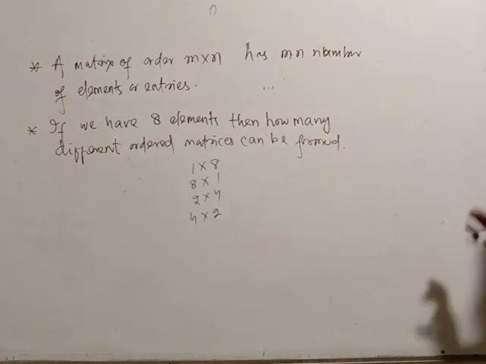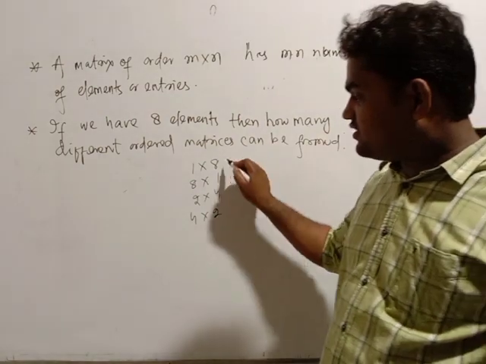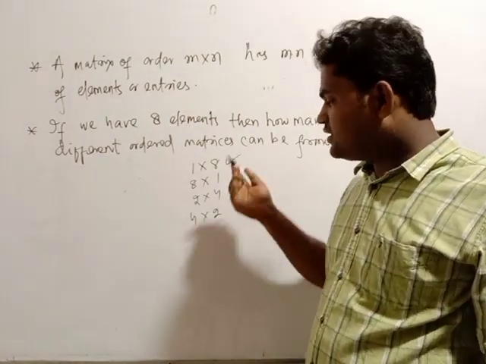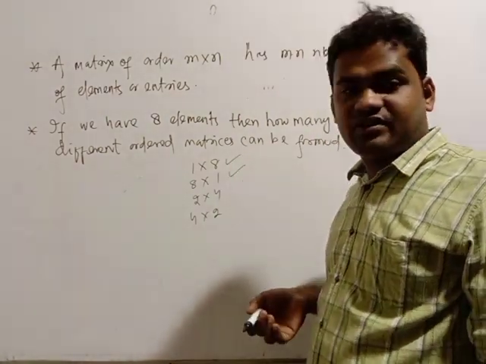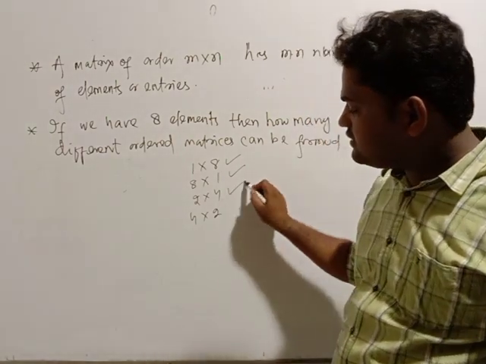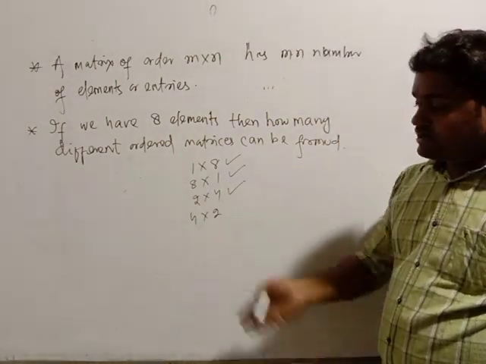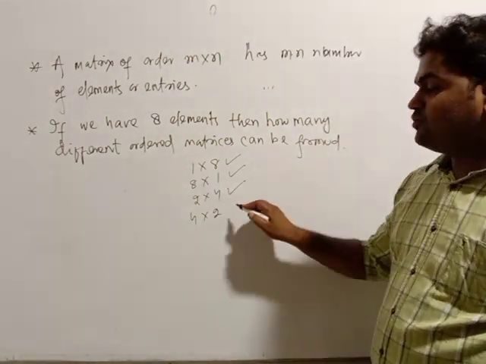By using 8 elements, we can make 4 different ordered matrices. A matrix of order 1 by 8, another matrix of order 8 by 1, a matrix 2 by 4, and another matrix of order 4 by 2.